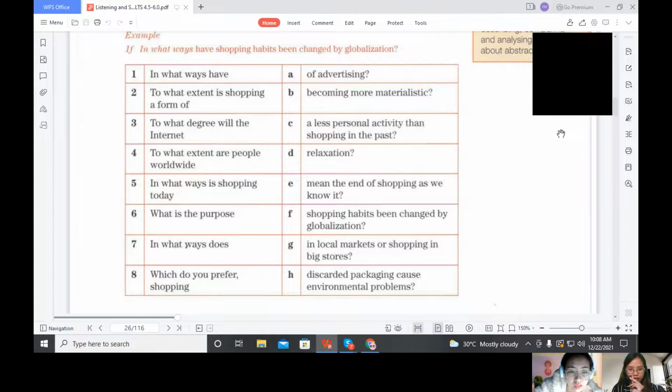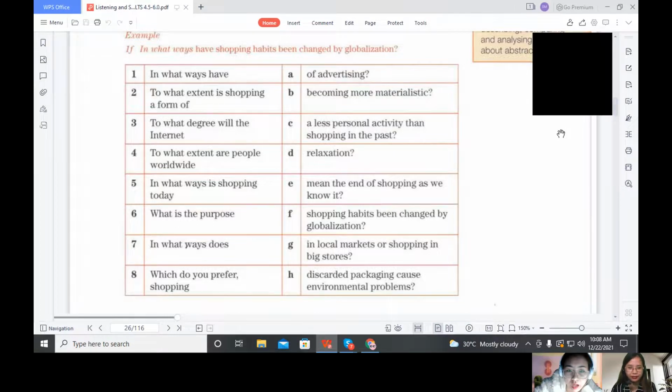Okay. To my mind, to what degree will the internet mean the end of shopping as we know it?